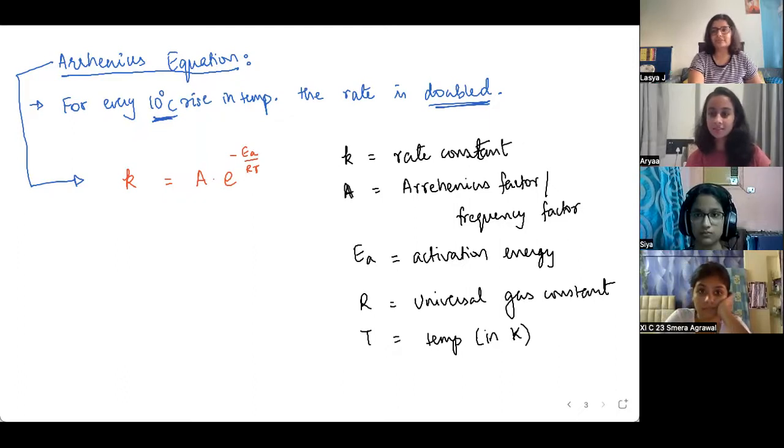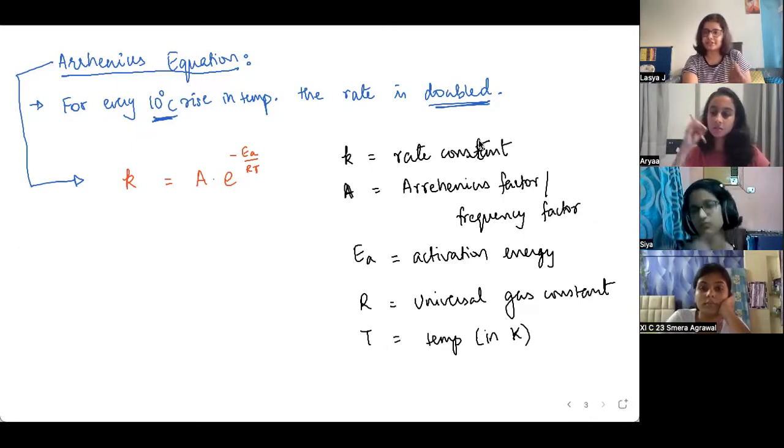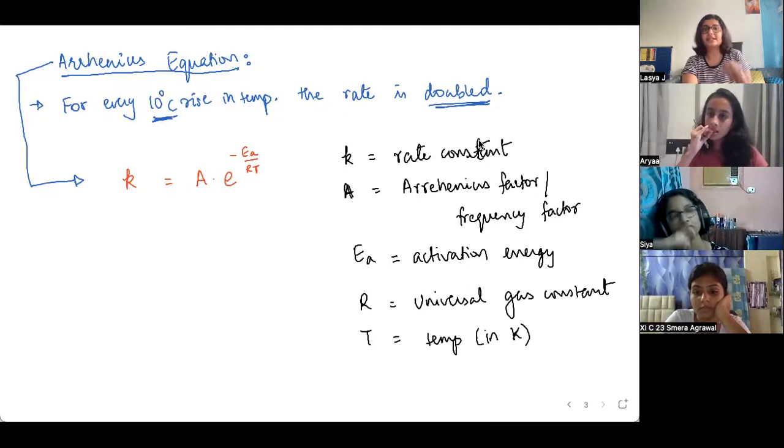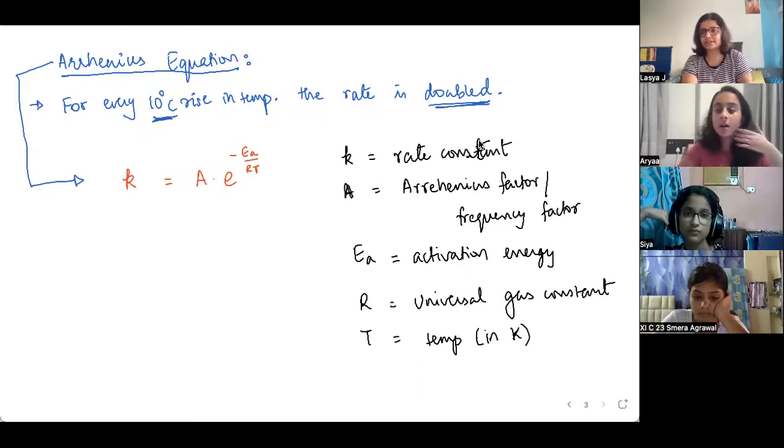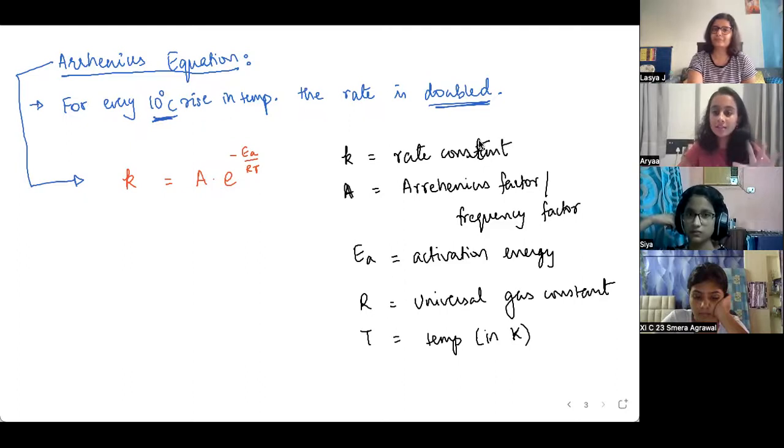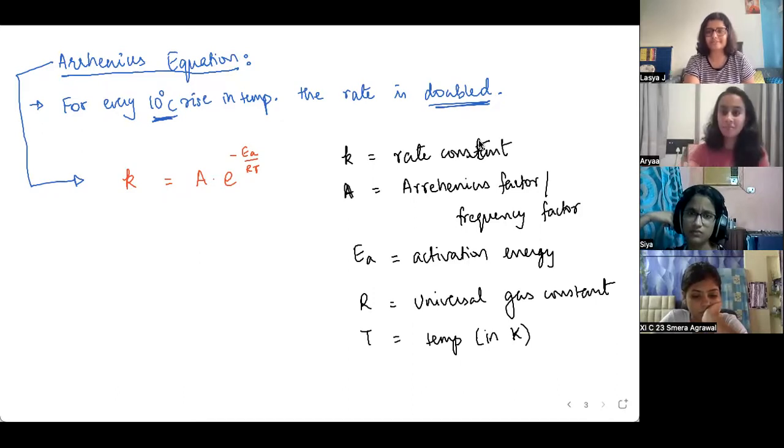It's more of a precursor to what Arrhenius proposed. They were trying to find the relation: temperature increases, rate increases. Is it a straight line? Is it logarithmic? And they found that every 10 degrees, the rate is doubled. So this is true. If we had to calculate this now, for every 10-degree rise in temperature, the reaction would be faster by 2 times.